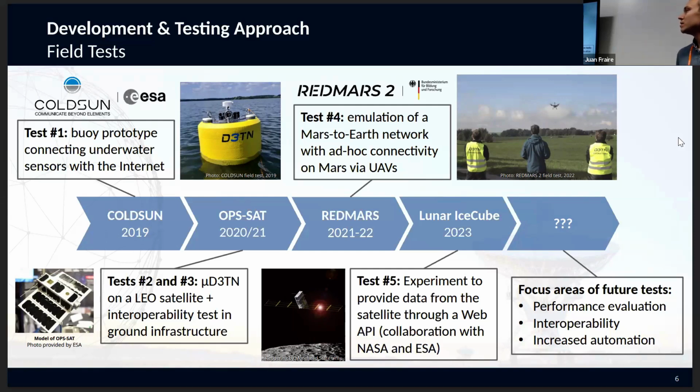So only at some times there was connectivity to it, and they were delivering sensor data like temperature readings, pressure readings, and so on, through micro DTN and to a monitoring server on the internet.